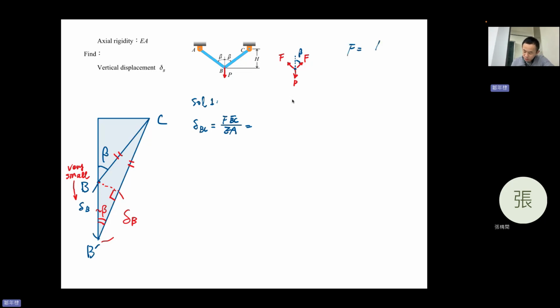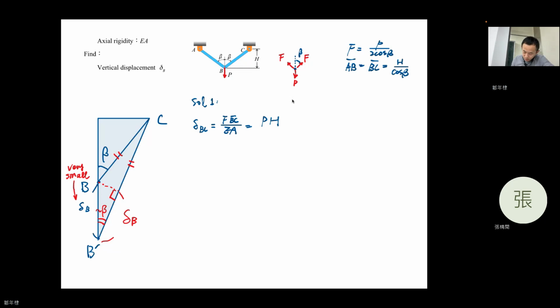F equals P divided by 2 cosine beta, right? And also AB equals BC equals H divided by cosine beta, according to the geometry shown in the figure. So they are all known values.